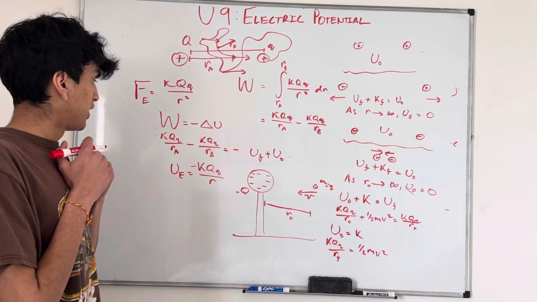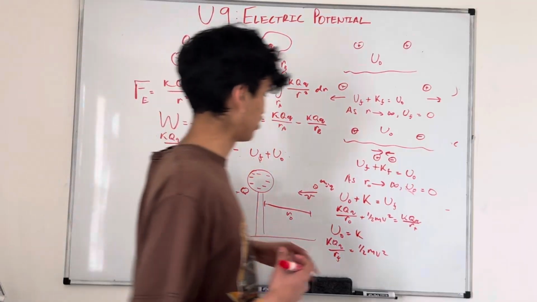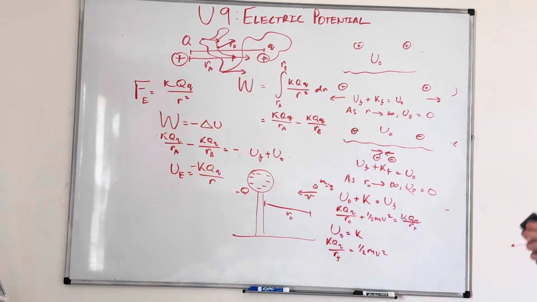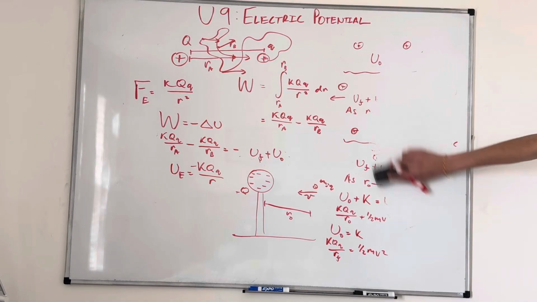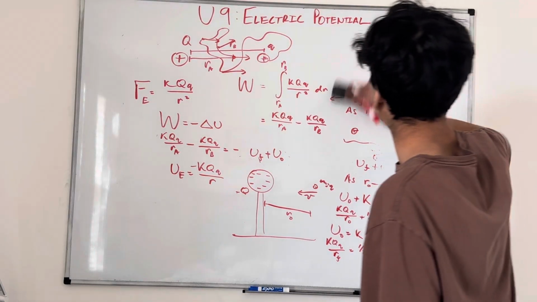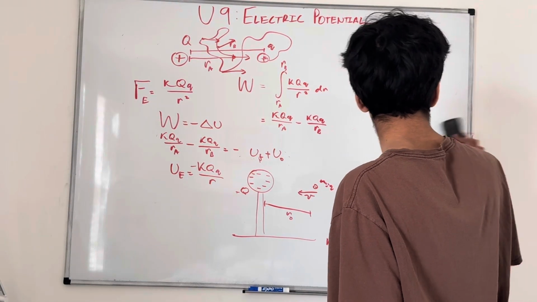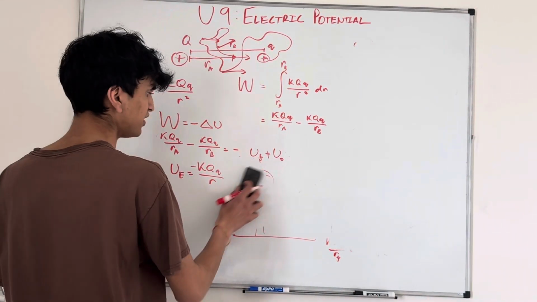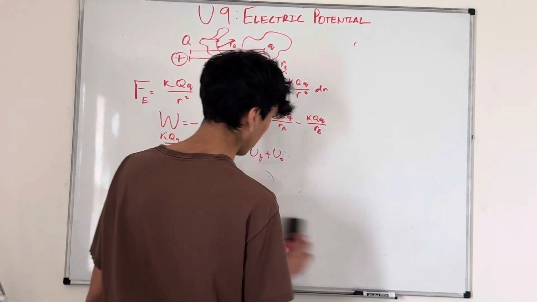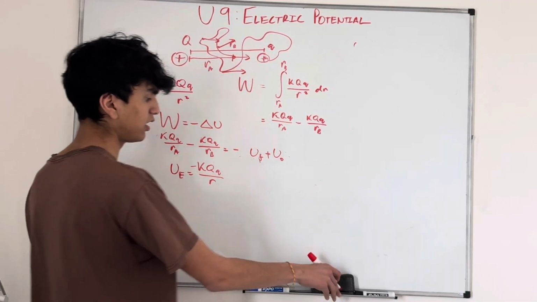So, we talked about potential energy. Now, what on earth is potential, right? You're hearing about potential energy, and potential sounds similar, but what exactly is it? Now, for electric forces and fields, we use the electric field as a way to model electric forces.